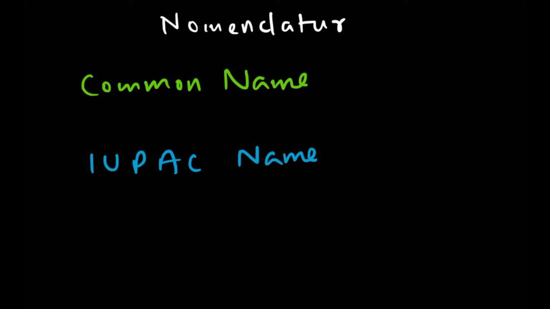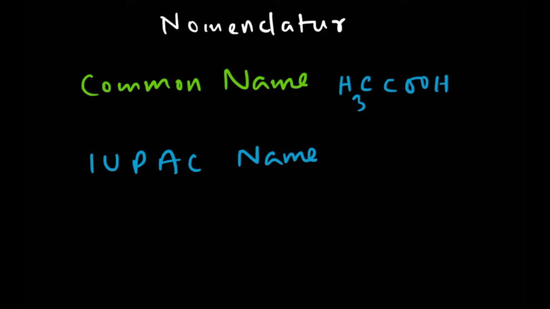Suppose, as an example, let us take acetic acid, CH3COOH. Its IUPAC name is ethanoic acid, but based on its origin and other criteria, it was first named acetic acid.